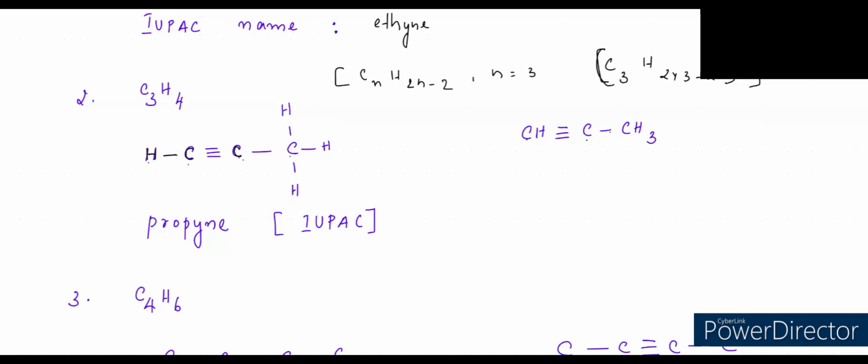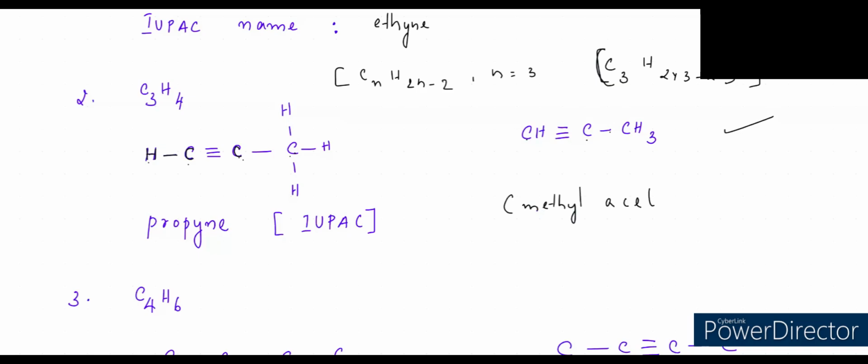That's why this is the condensed molecular formula. IUPAC name of this compound is propyne, and the common name is methyl acetylene, which is not important. You can ignore the common name.